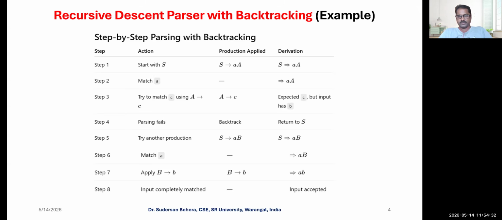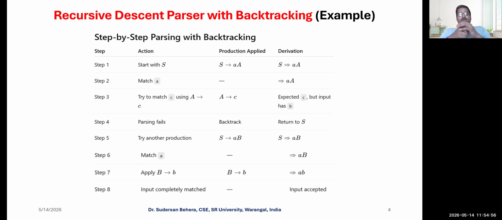It is a program. It has a choice, it can see any alternative and take it, but it cannot see and choose the right production at one attempt. So here the production applied is S derives small a followed by capital A.